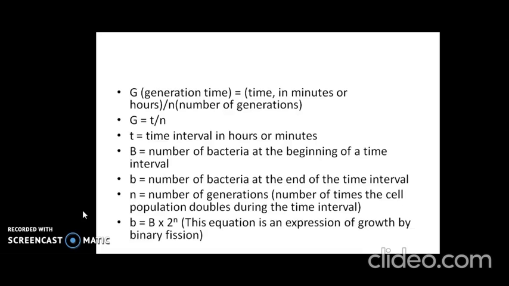And also there are constants B, capital B and small letter b, where capital B is the number of bacteria at the beginning of a time interval and small letter b is the number of bacteria at the end of the time interval. And N is the number of generations, that is, the number of times the cell population doubles during the time interval. It can be expressed as b equals B times 2 raised to the power n, and this equation is an expression of growth by binary fission.